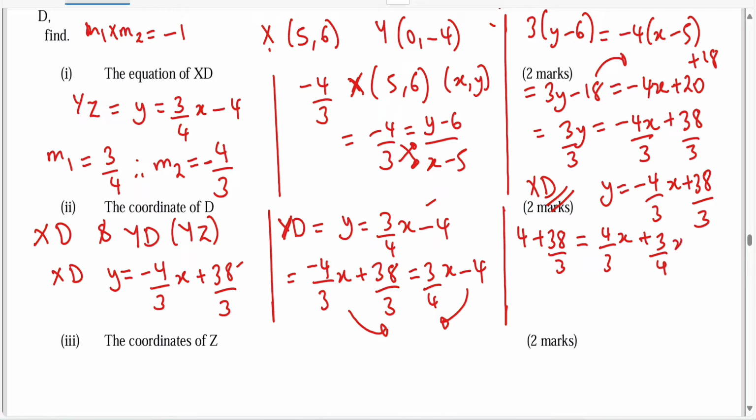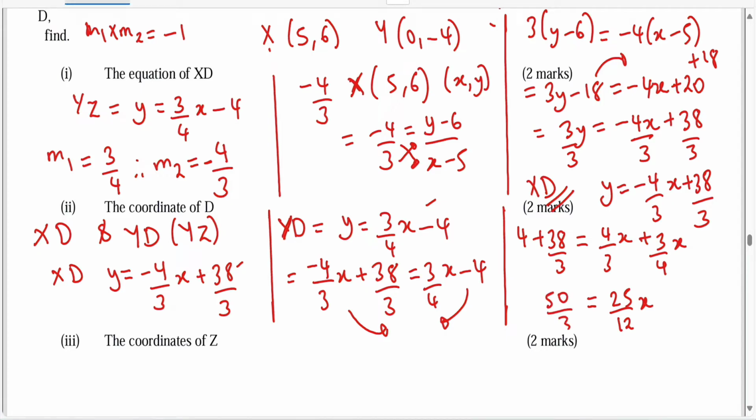The 3 over 4x sign is still positive, so don't change the signs here and get the wrong answer. So 4 over 3 plus 3 over 4 is 25 over 12x, equal to 4 plus 38 over 3, which is 50 over 3.